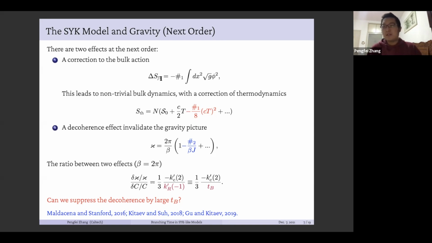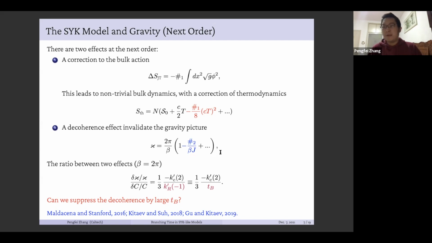There is another effect at the subleading order of the SYK model, which says that instead of having a bulk local action, there will also be effects saying the gravity picture is no longer valid. This is because the Lyapunov exponent at this subleading order gets a correction, this 1 minus 1 over beta J correction, which says it's no longer maximally chaotic.